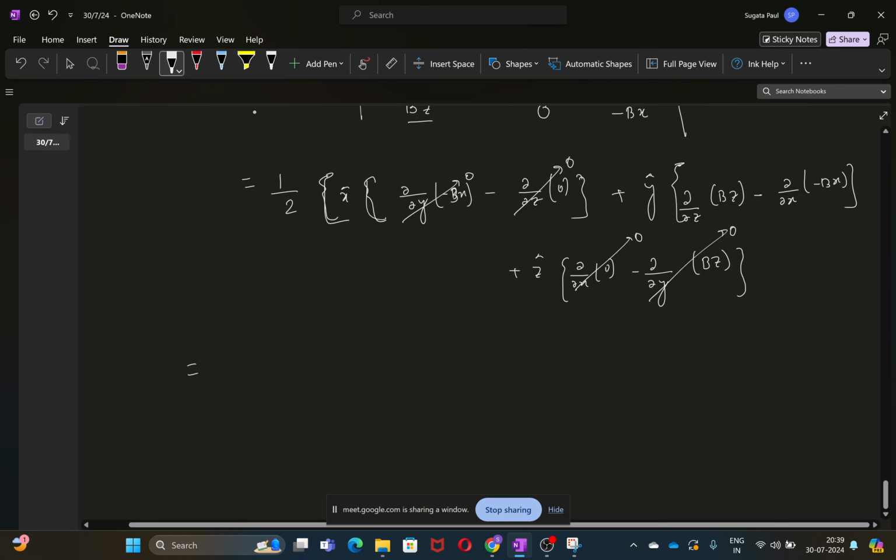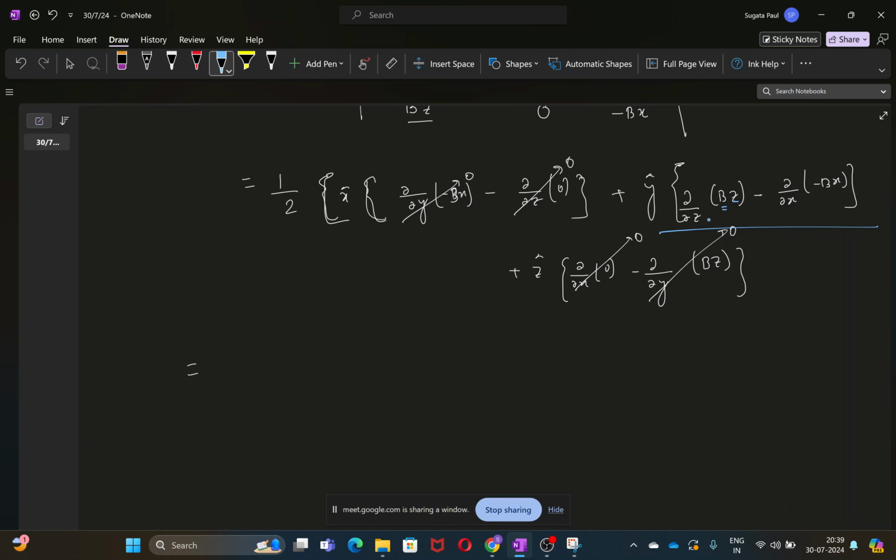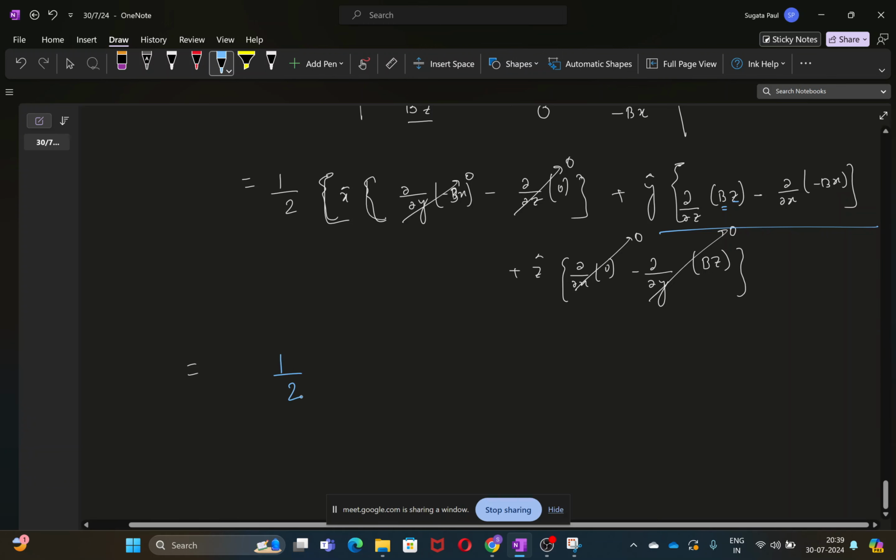The only term that you are left with which will be non-zero is this part, this y cap's coefficient. Why? Because even if B is a constant, here there is a variable z present, and the derivative is also with respect to z, so it will be non-zero. And for del x, there is a variable x present, so it will also give you a non-zero derivative.